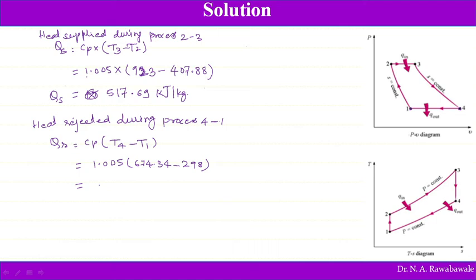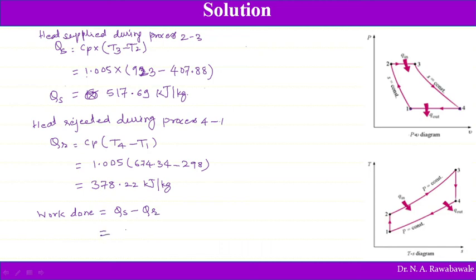So this gives us heat rejected 1.005 into 674.34 minus 298, which is 378.22 kilojoules per kg. So this is how heat rejected is obtained. Therefore, work done per kg of air is equal to heat supplied minus heat rejected.